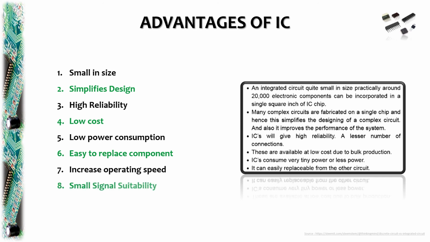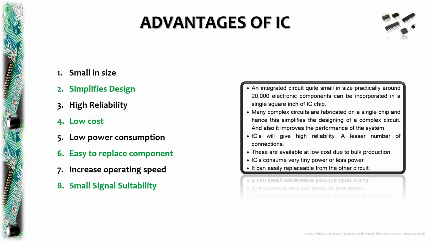Then the next advantage is small signal suitability. What does it mean? See, IC components are designed with a very compact arrangement within the wafer. We know, right, that there is a silicon wafer, a semiconductor material on which we diffuse different components, and here we are talking about the IC, so we are talking about the transistors.